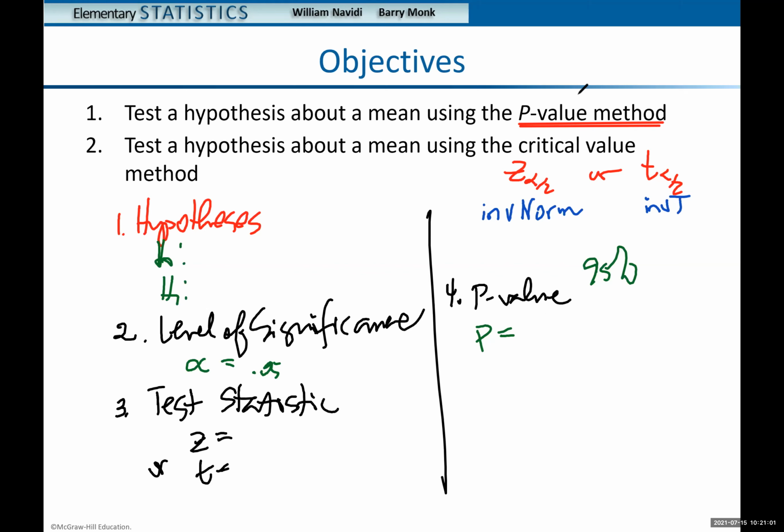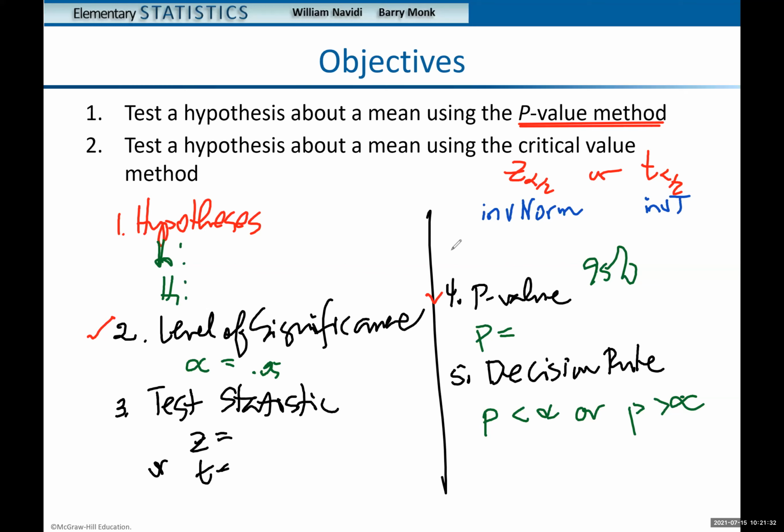And then step number 5 is the decision rule. This is where you compare your p-value to your alpha. That's why you need to write your level of significance, step number 2.